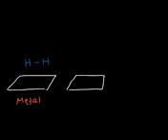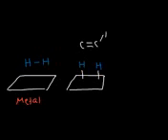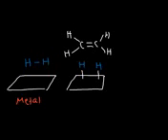It is absorbed onto its surface. And as a result, the bond that connects the two hydrogen atoms breaks. And then eventually, the alkene will diffuse across the surface of the metal, where it's going to interact with the hydrogen atoms.